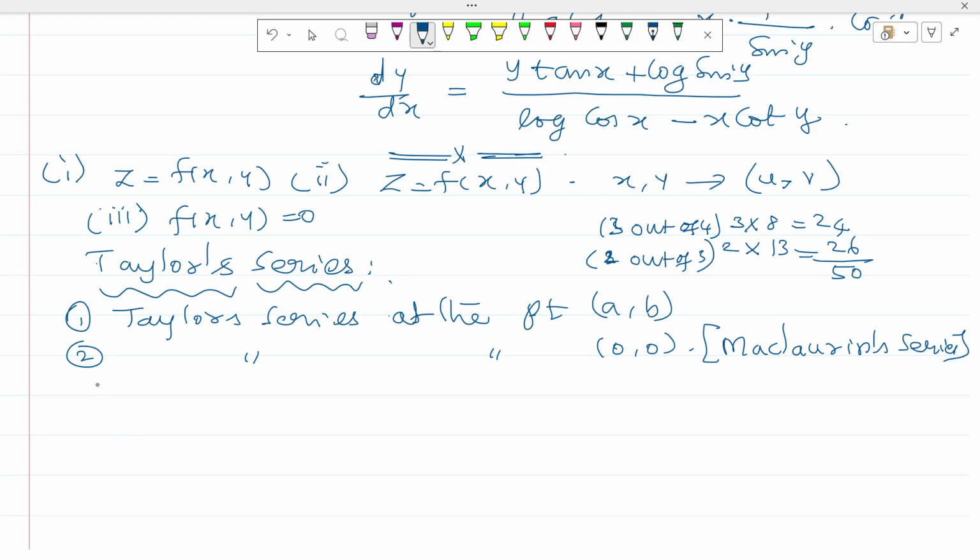Okay, in the Taylor series problem, any doubt is there?